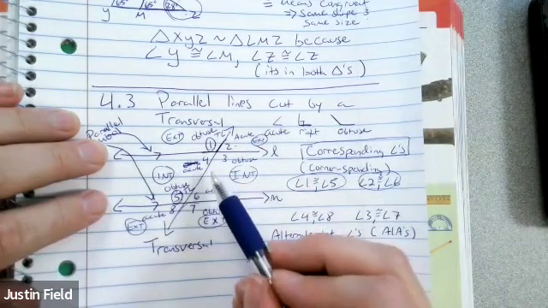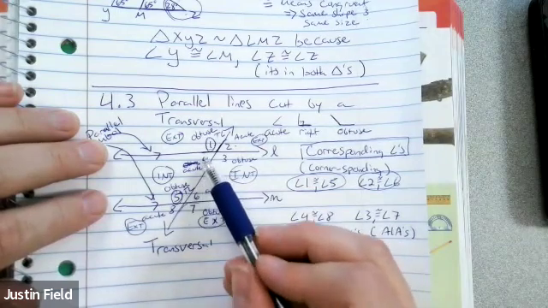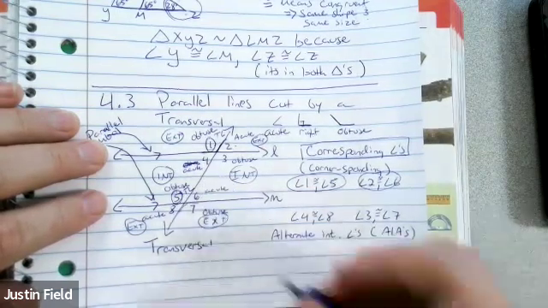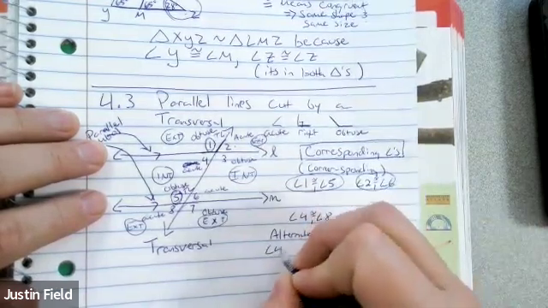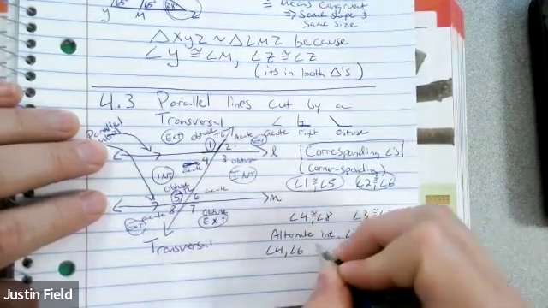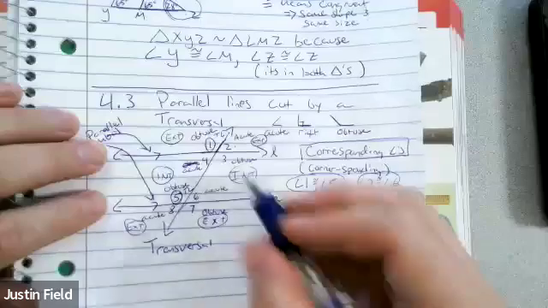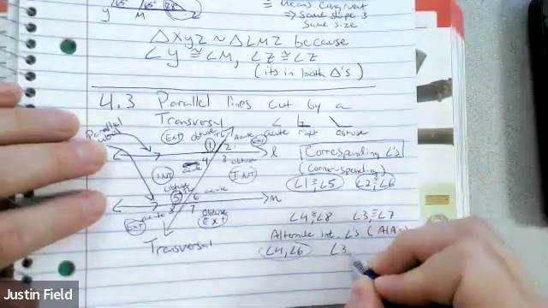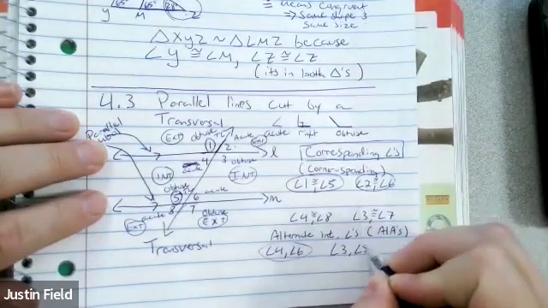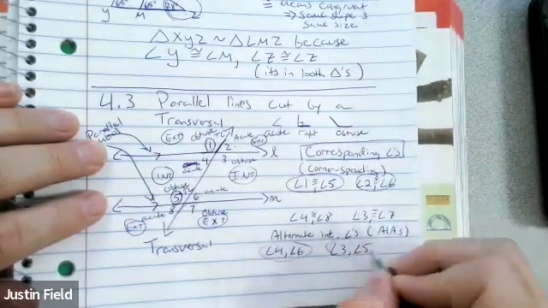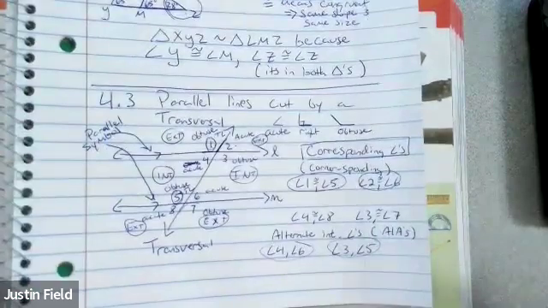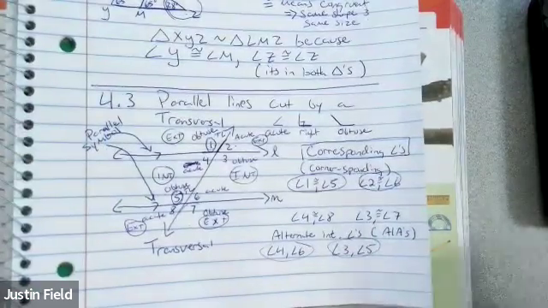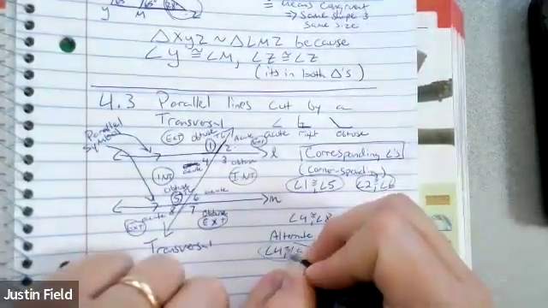And so the alternate interior would be angle 4 and angle 6, and also angle 3 and angle 5. And you should notice that those are also the same.